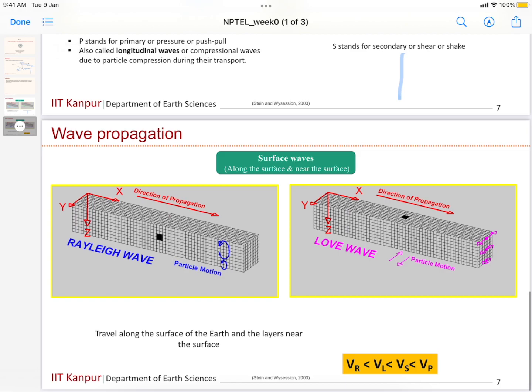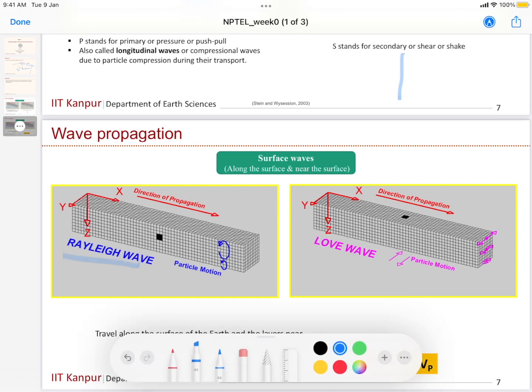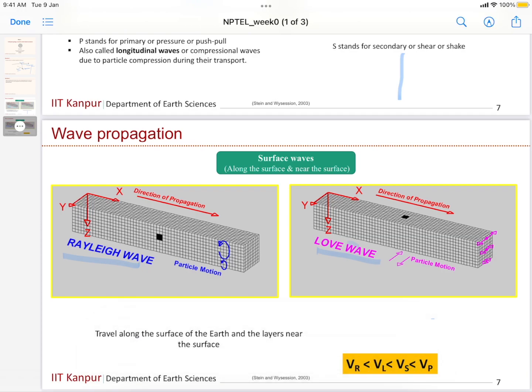As the name suggests, they travel along the surface, and under that we have two major waves, the Rayleigh waves and the Love waves. Here you can see the movement of the particles: the Rayleigh wave has a retrograde elliptical movement, and the Love wave has a horizontal shaking movement.